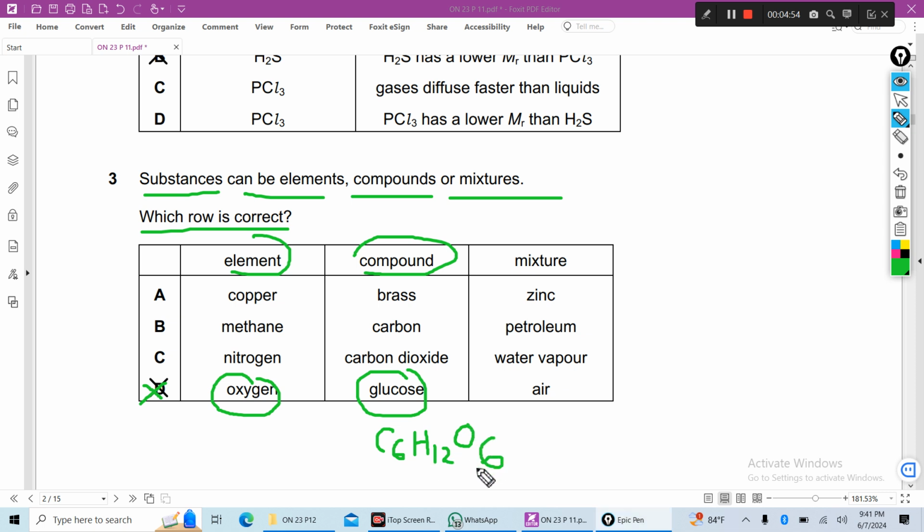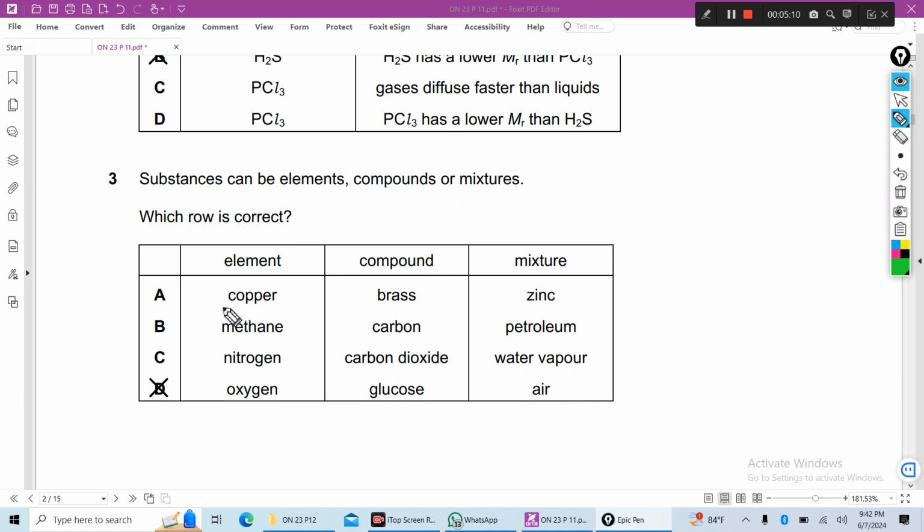Carbon, hydrogen and oxygen elements are chemically combined. So this is a compound, and air is a mixture. Air contains nitrogen, oxygen, carbon dioxide, so it is a mixture. D is the correct answer. Why is A wrong? Copper is an element, this is true, but brass is a mixture, this is wrong. Zinc is a mixture, wrong. So D is the right answer.